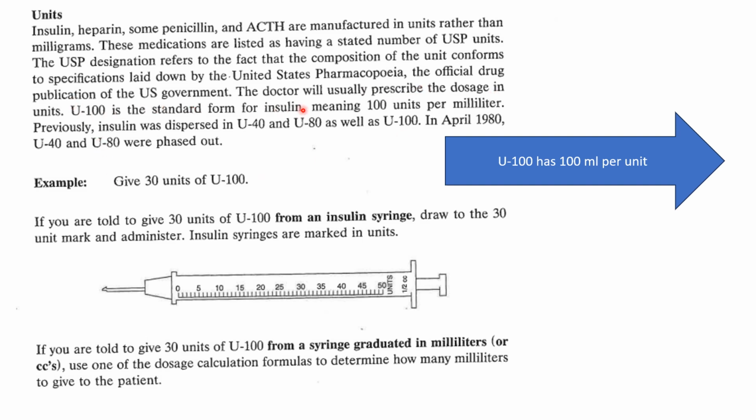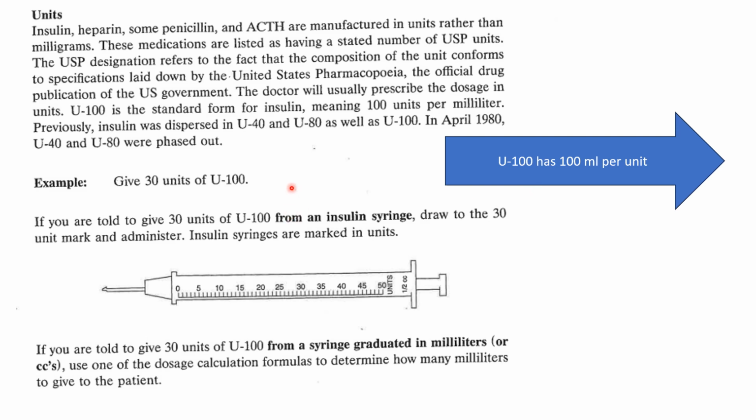The doctor will usually prescribe the dosage in units, and here U100 is a standard form for insulin, meaning 100 units per milliliter. Previously there were other versions, but now those have been phased out, and this is what is used today. And you should note that U100 has 100 units per milliliter.